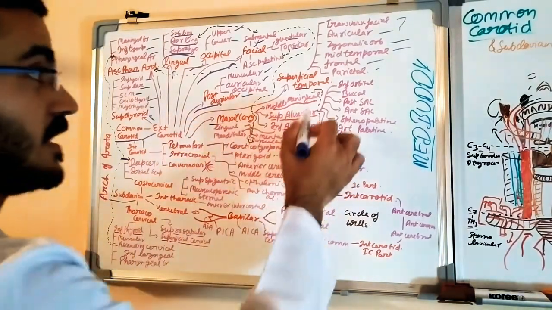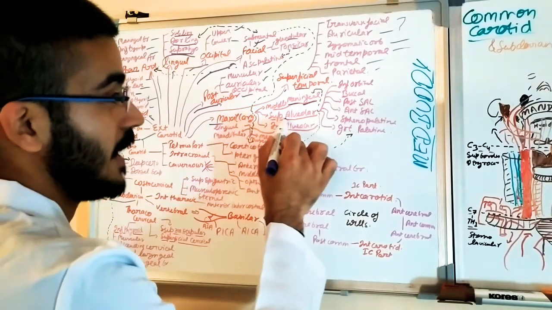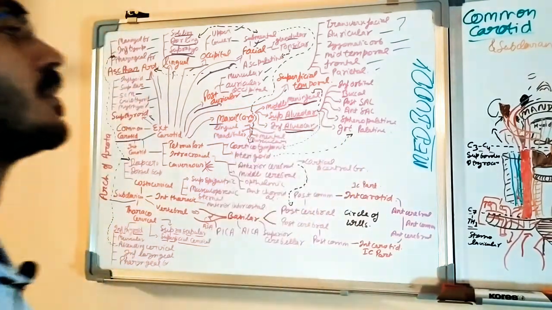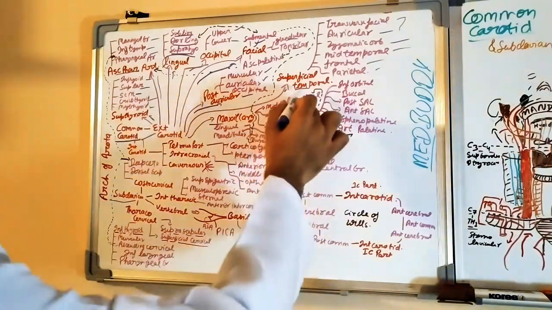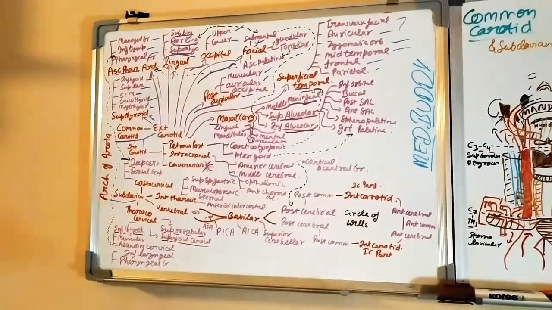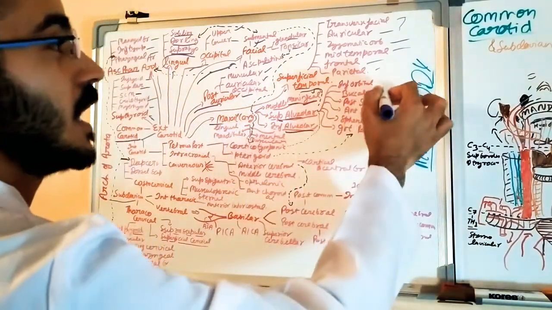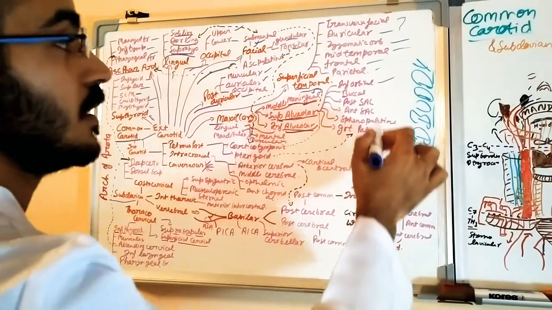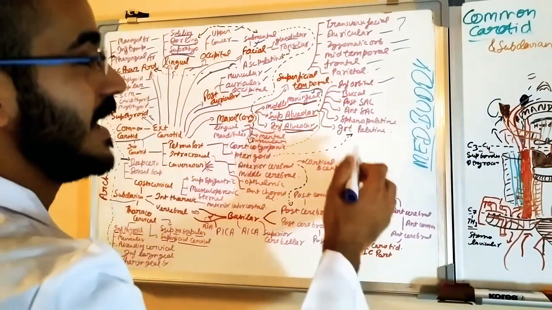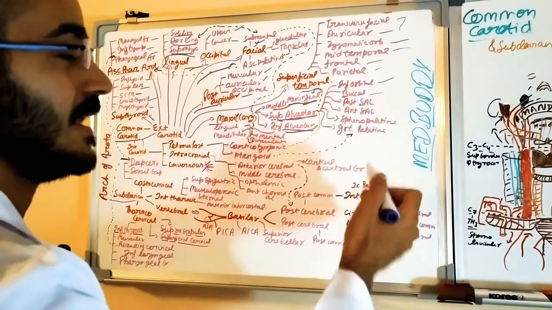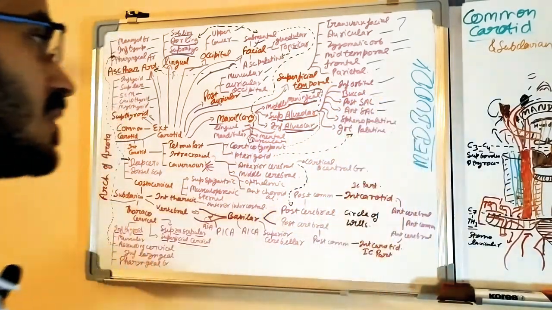It is divided into three parts, that are middle meningeal, superior alveolar, and the inferior alveolar. The middle meningeal branch does not give any significant branch. The superior alveolar branch gives infraorbital, buccal branch, posterior SAL and anterior SAL, that is posterior and anterior superior alveolar branches.